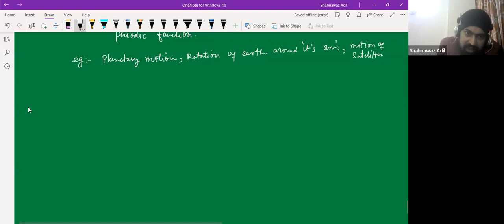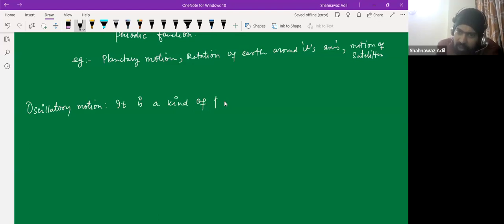And then we have this oscillatory motion. Oscillatory motion is a kind of periodic motion in which the object moves to and fro around the mean position.